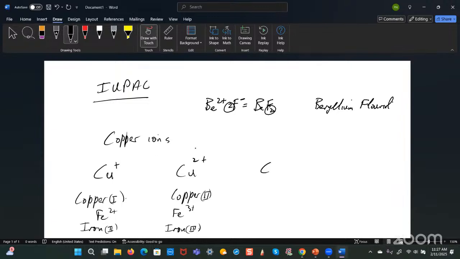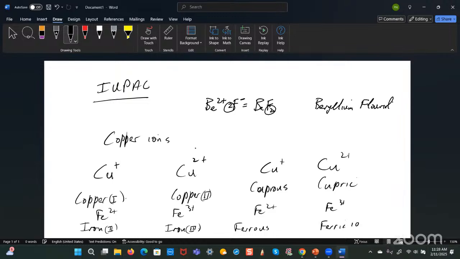In the classical system, this is called the cuprous ion, and this is called cupric, right? And then when it comes to Fe2+ and Fe3+, this is called the ferrous ion, and this is called the ferric ion, right?